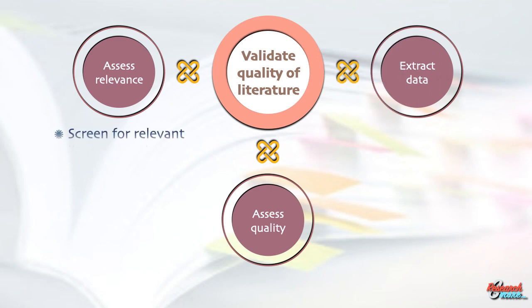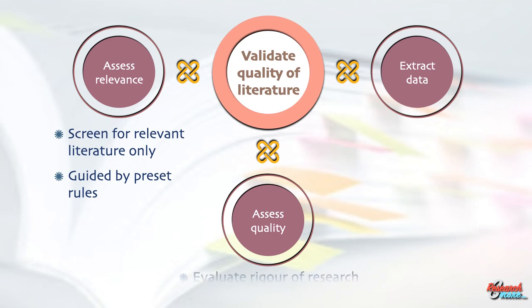Once our search for the literature reaches its saturation point, we are ready to assess their relevance by screening them for inclusion and exclusion. It would be useful to apply some preset rules as basis for including or excluding certain studies.